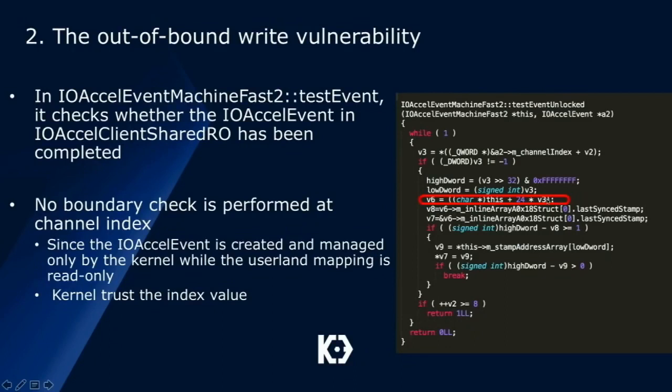So once the index is mutated to a very big value, we will have an out-of-bound read to read out the value from the mstamp address array, and then write it to the m inline array, which is an OOB write.